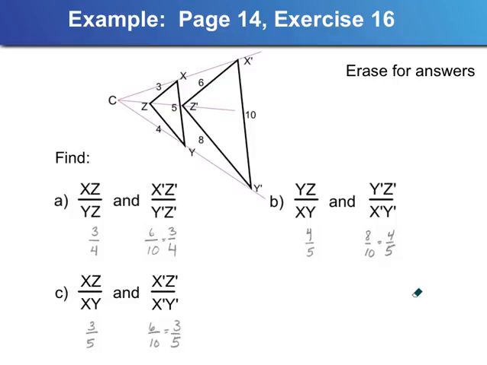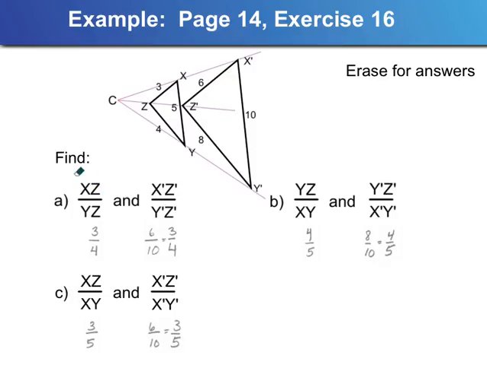Okay, so I found each of these ratios. XZ over YZ is 3/4. X prime Z prime over Y prime Z prime is 6/10 or 3/4. You will notice in each of these cases that the ratios are the same. You will also notice I am not comparing XZ to the image of XZ.